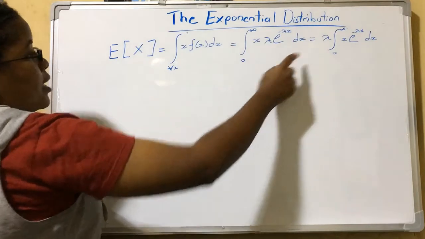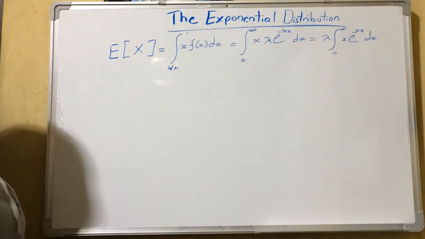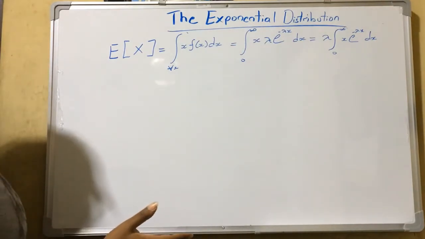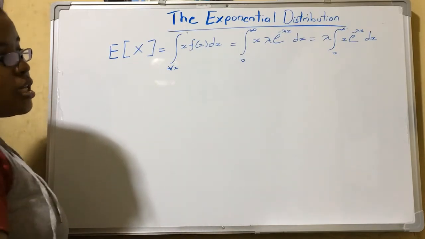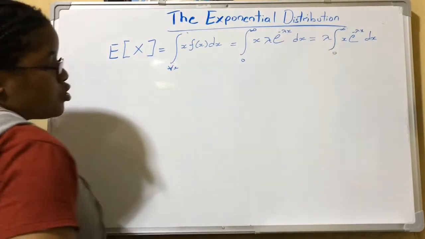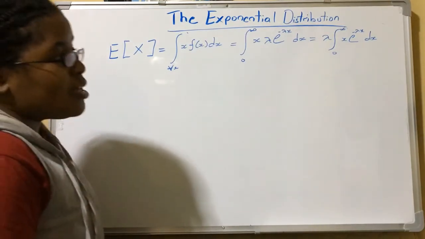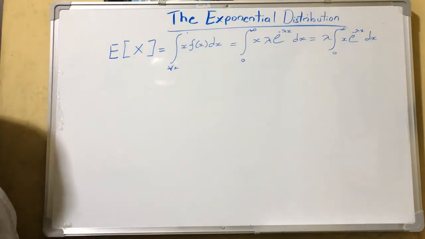Now, in this integration, the formula within is a product of two different functions, which means the best way to move from here is to integrate by parts.